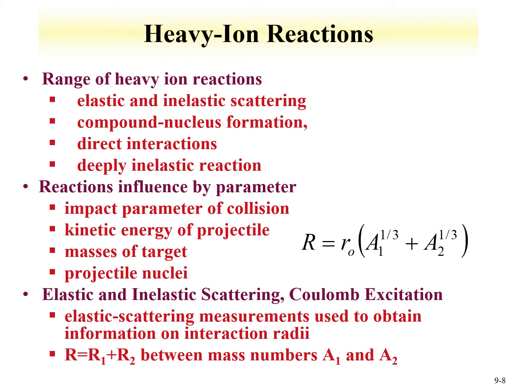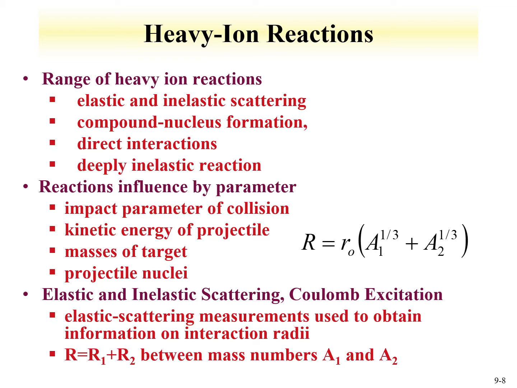Another route of reactions is moving from lighter particles to heavier particles. As opposed to using a proton, think about bombarding a nucleus with something like oxygen-16. We have these heavy ion reactions, and in a lot of ways they're similar to light ion reactions, where we can have elastic and inelastic scattering, compound nucleus formation, direct interactions, and deeply inelastic reactions.